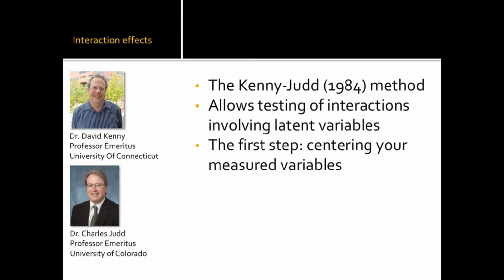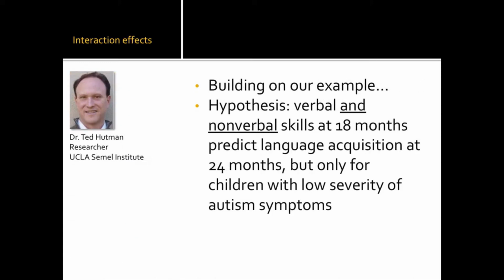But anyway, testing of interactions is basically the same thing that we just did. You just need to make latent variables the same way we've been doing for structural equation modeling, but center each of the measured variables first. So let's build on our example here. This is what Ted and I actually did in our research, or this was my analyses to supplement his research.